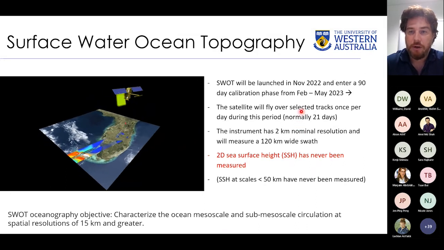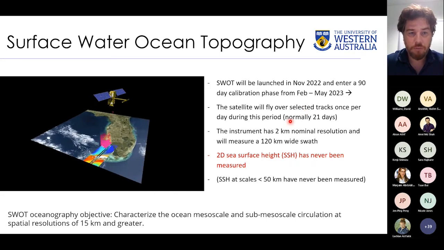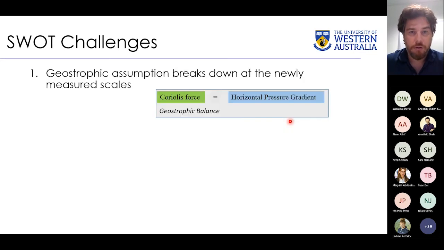Normally it flies over every 21 days, so pretty much lower frequency.